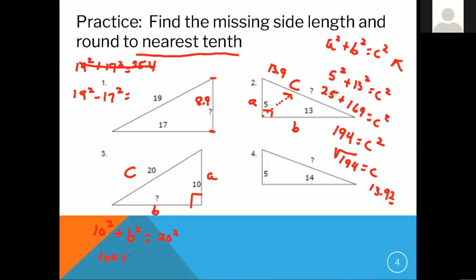Plus B squared equals, what's 20 times 20?